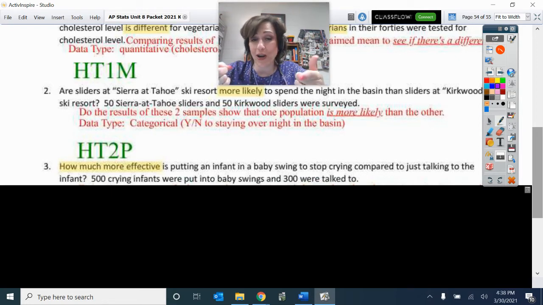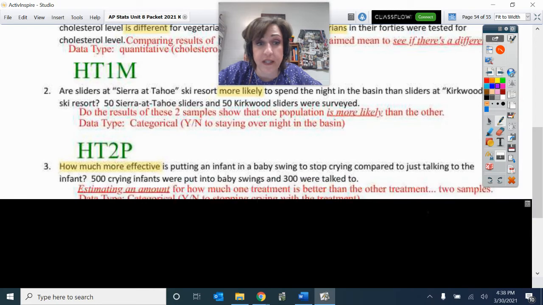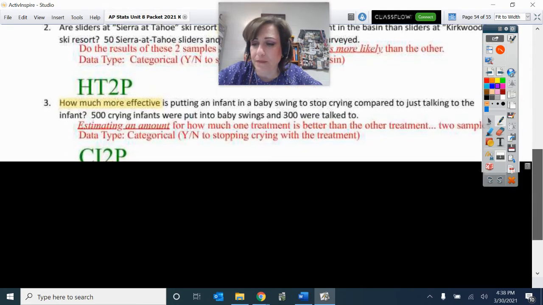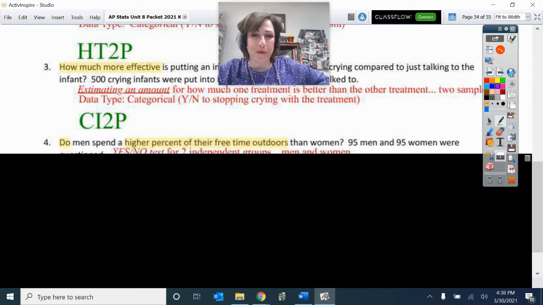That means they're going to stop crying or not. So I'm going to say, what proportion of those 500 stopped crying? What proportion of those 300 that were talked to stopped crying? So I'm going down with a confidence interval for 2 proportions. Okay? I think, oh yeah, this is a tricky one. So I'm going to do this one with you before I then give you a few to try on your own.